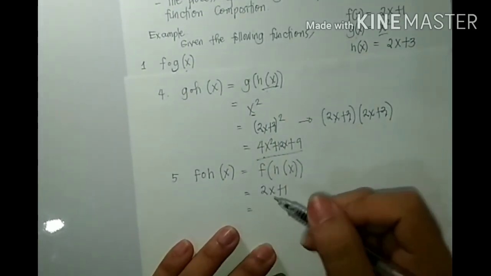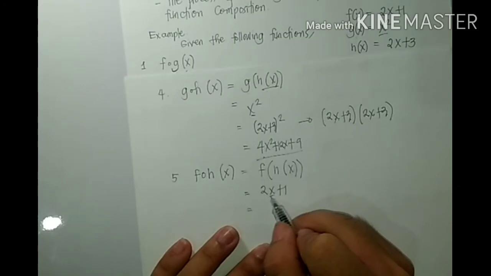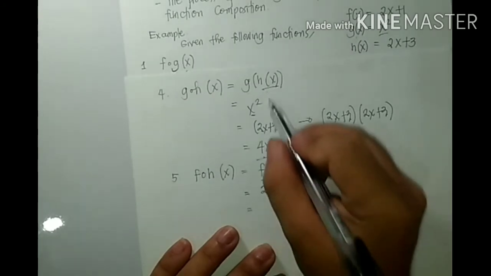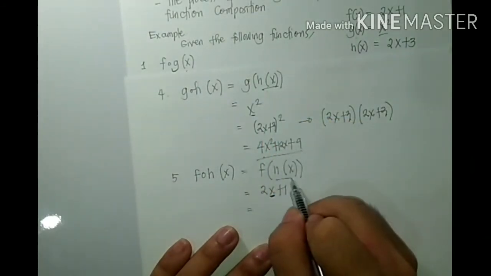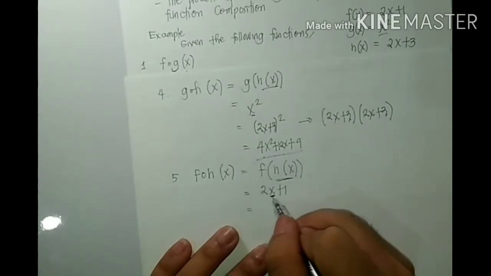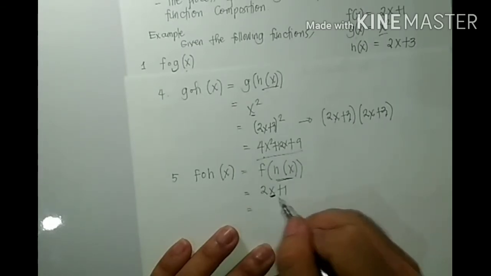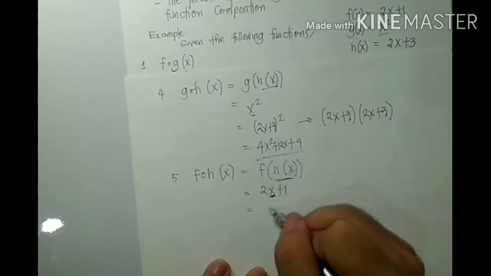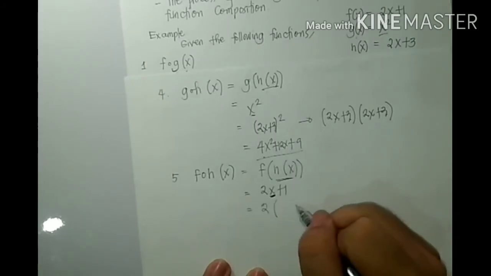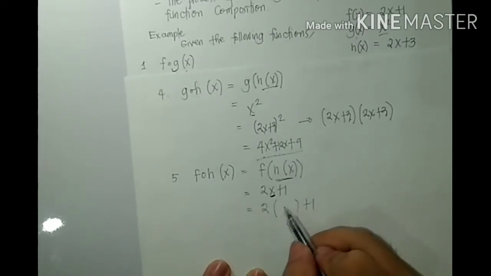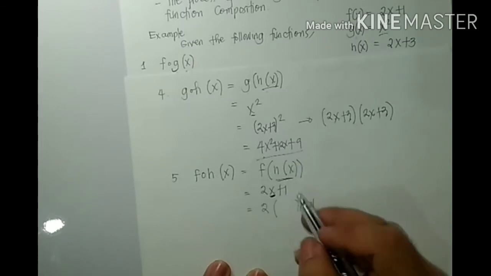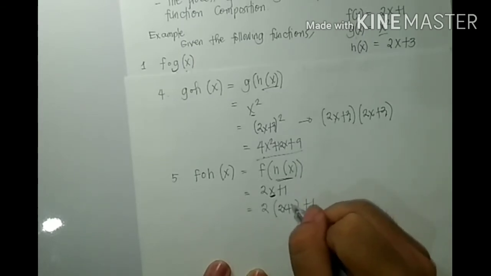Now, what we are going to do next is substitute the value of the inner function. So, our inner function is h of x to the variable x of the first function. So, we have 2 times plus 1. Okay. So, value of our h of x, we have 2x plus 3.